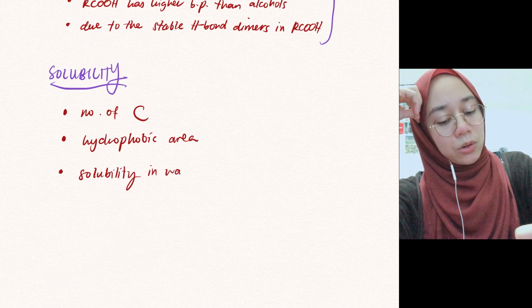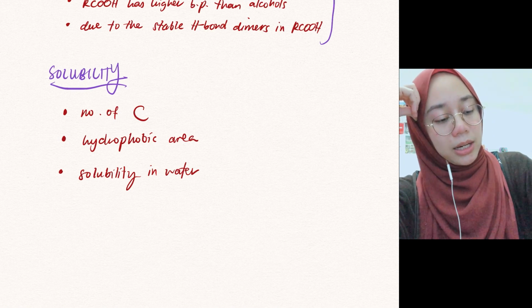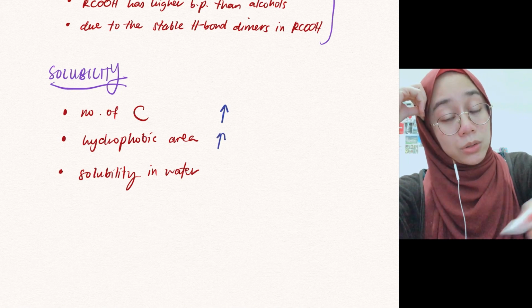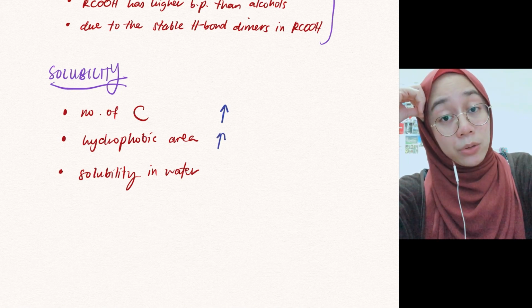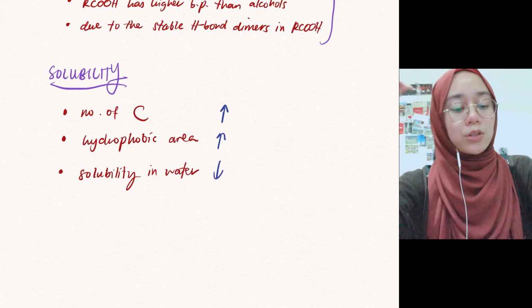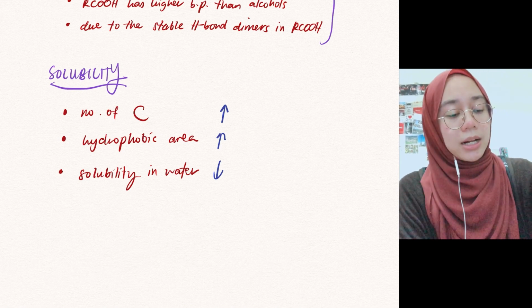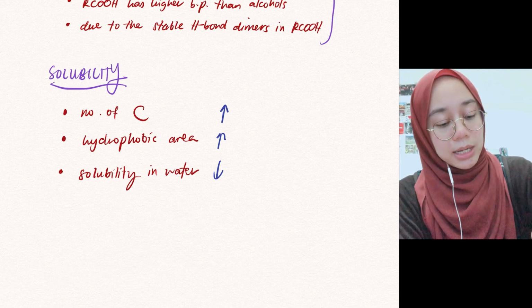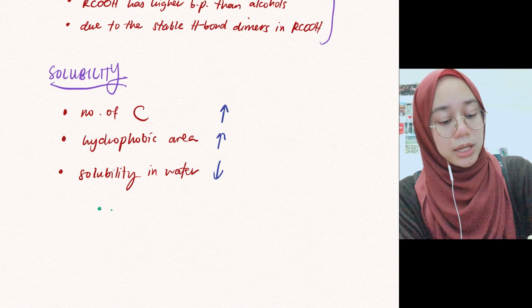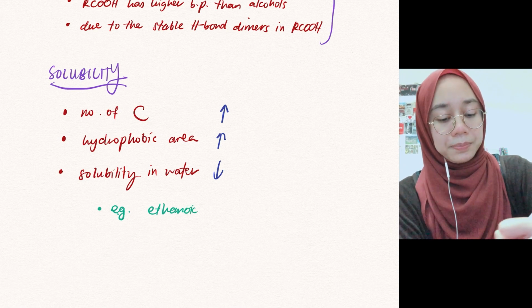Okay, so basically if the number of carbon increases, bermaksud the hydrophobic area also increases, what happened to the solubility in water, dan dia akan jadi mengurang. Okay, so ini untuk solubility. So for example, kita ambil lagi sekali example ethanoic acid dengan butanoic acid tu tadi kan.